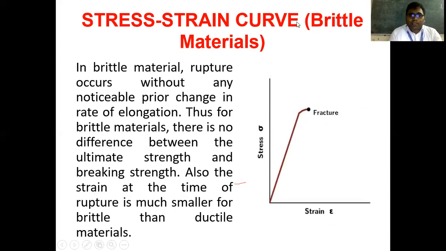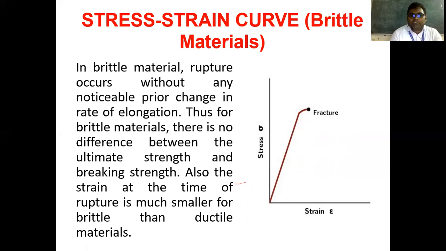For brittle material, there is no clear-cut yield point and ultimate point. You can say the yield point and ultimate point are the same at the fracture. When the load is applied continuously and increases, at that point it breaks, with no necking and no ultimate point.